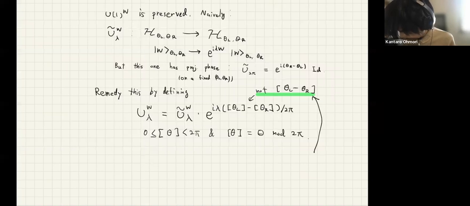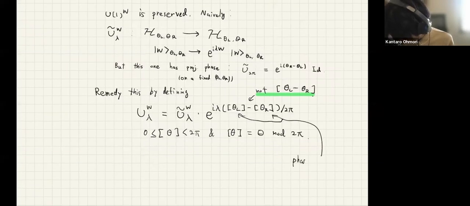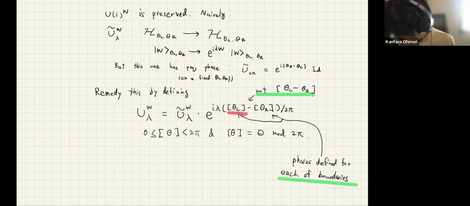This is the phases defined for each of the boundaries. You can define this square bracket of theta L and theta R separately without referring to the other boundary condition.